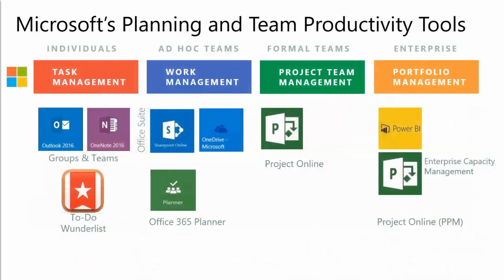And then if we look at this laid out in a different way, we can see what tools are designed in the environment for these particular sections. So for task management, it will be working in Outlook and OneNote 2016, where I'm checking my emails in the morning, looking at my calendar, seeing what it is in particular I need to do.